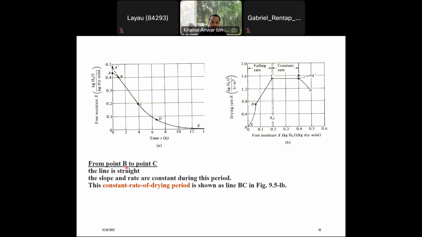From point B to point C is the constant rate period. The slope and rate are constant during this period. This constant rate period is shown as line BC, so its drying rate is constant.